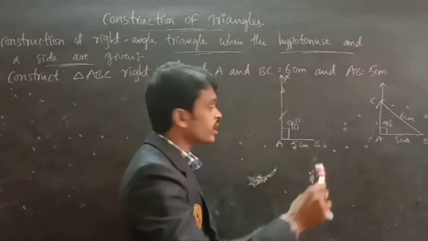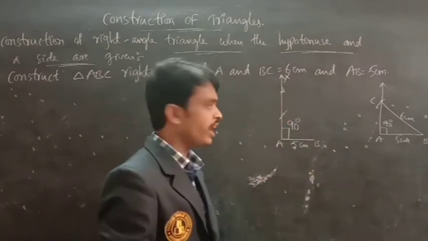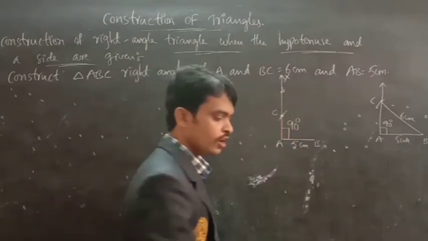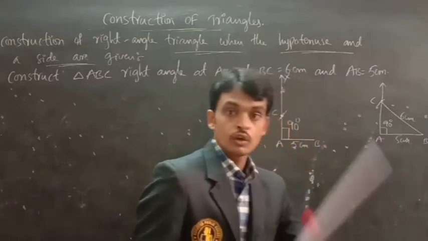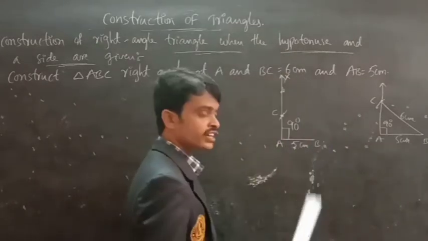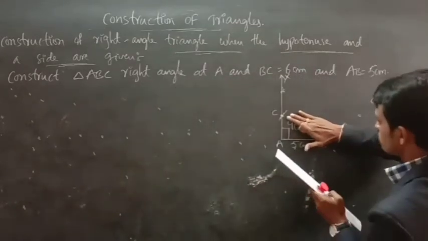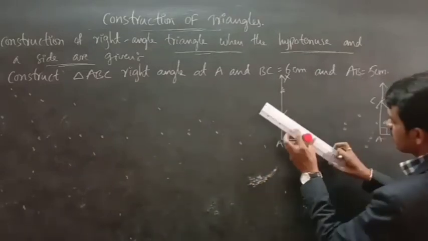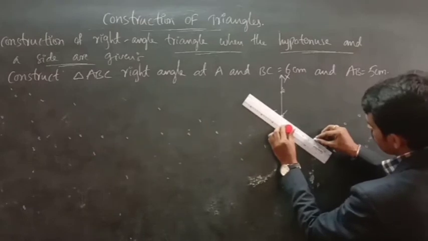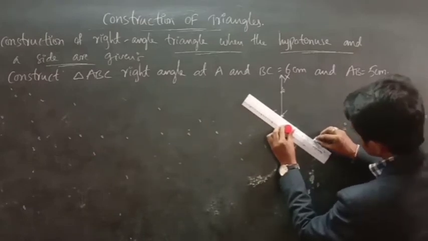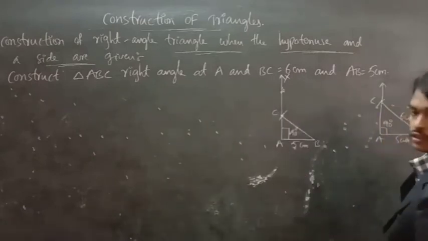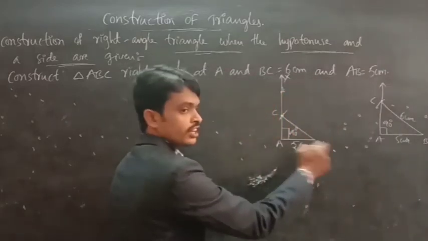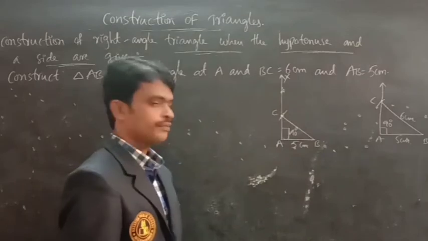It will intersect the AX ray at C. Now by using a ruler we should join B and C like this. The required triangle ABC, right angle triangle ABC, is formed.